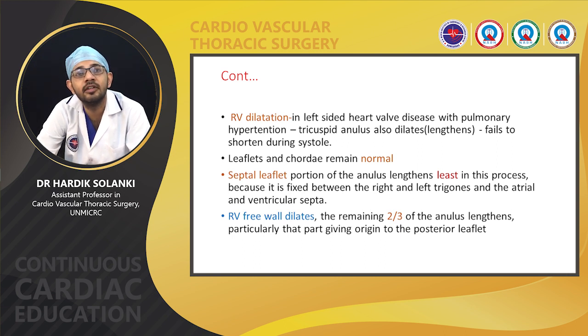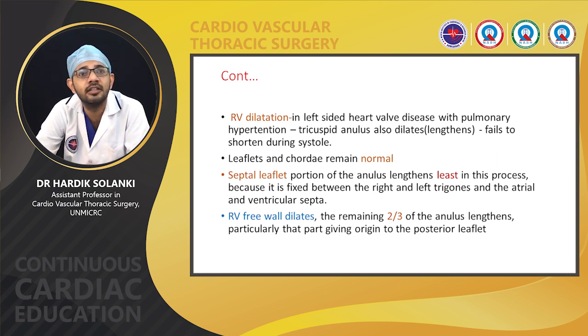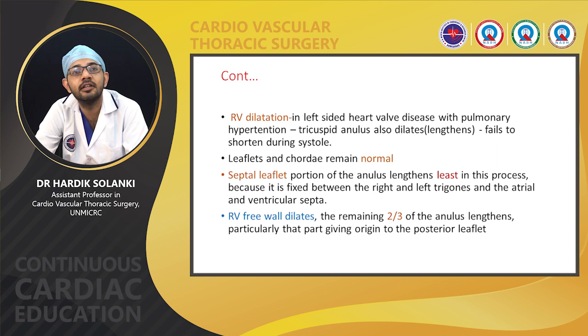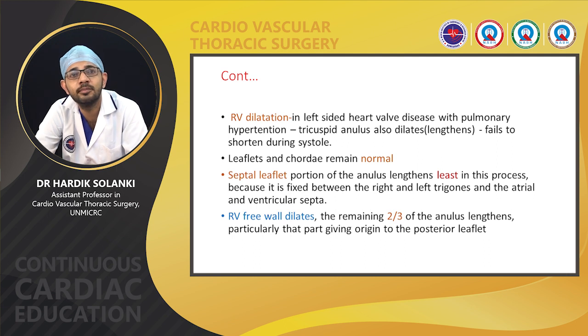The septal leaflet portion is fixed between the right and left trigones and the atrial and ventricular septum, and with dilatation of the right ventricular free wall, the remaining two-thirds of the annulus, the anterior and posterior leaflets, lengthens, which leads to lengthening of the tricuspid valve annulus.